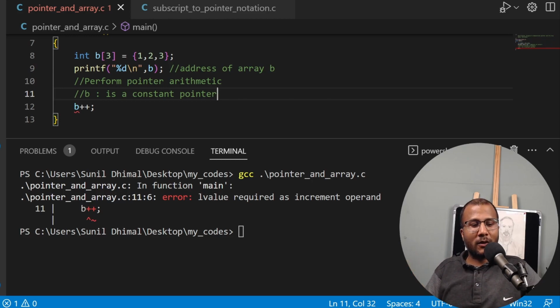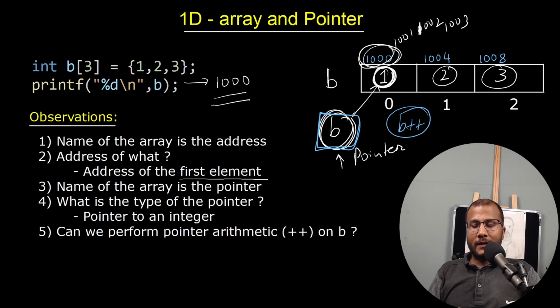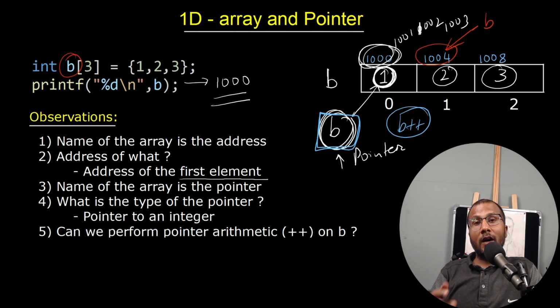So let's go back to our screen and see more on this. The reason it is not allowing us to increment B is this: if I were allowed to increment, B was initially 1000. If I go to the next position and B somehow becomes 1004, the array has entirely changed. Previously the array was these entire 3 elements together.